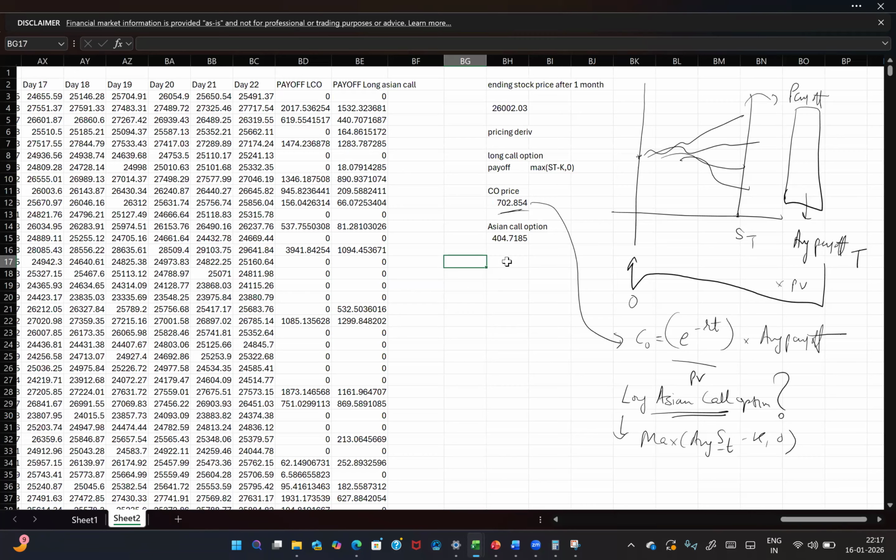Similarly, if I take another one, which is a lookback call option, which takes the maximum value. If you were to compare prices of a lookback, a plain vanilla call and an Asian call option, the lookback call option will have the highest price because that's based on the highest stock price on the entire path.